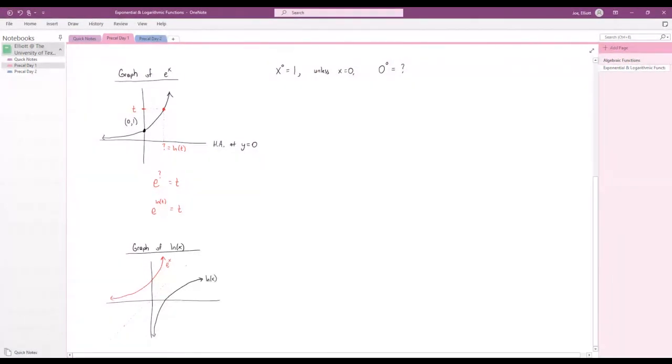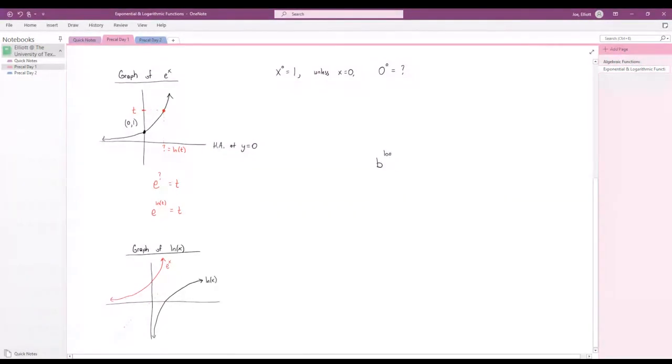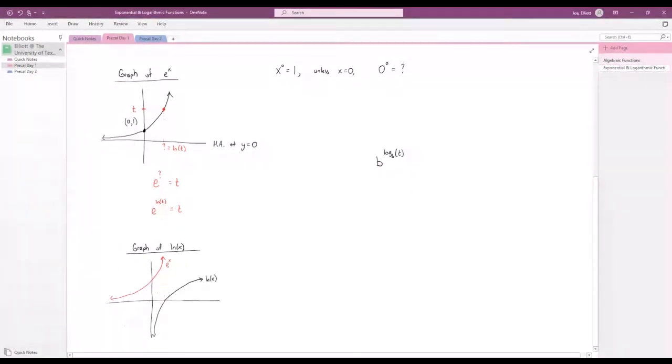Any two functions which are inverses of each other have this property. I was specifically looking at a base of e, but for any other base b, b to the power of log base b of t would equal t. So that works for any other base.